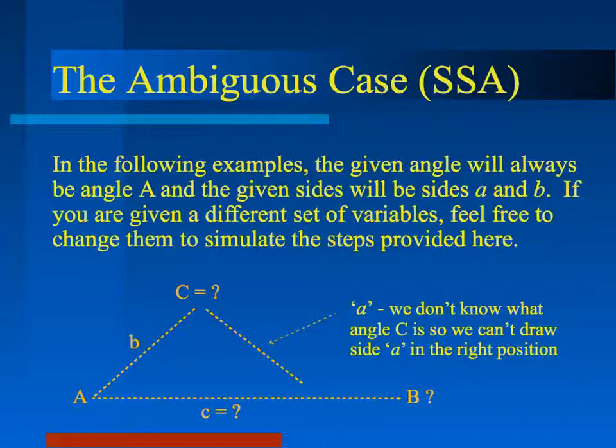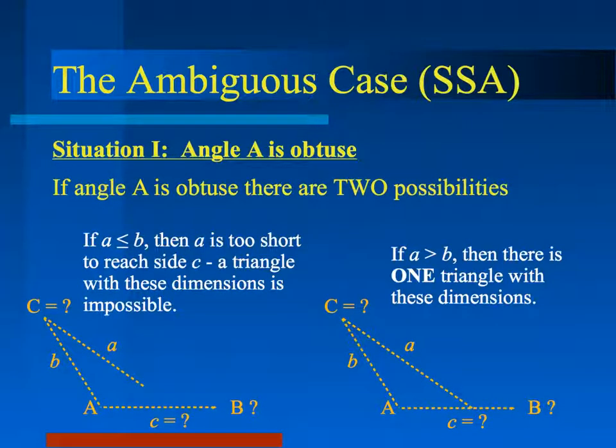And we'll be looking to find the other components. We're trying to see how those pieces fit together to create a triangle. So there's three different scenarios that happen with the ambiguous case.